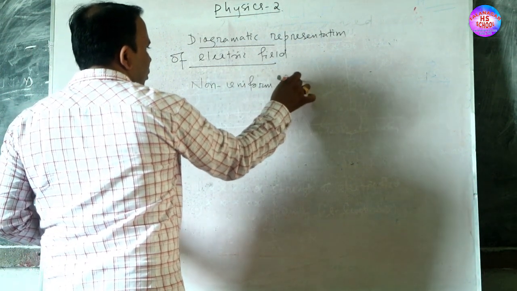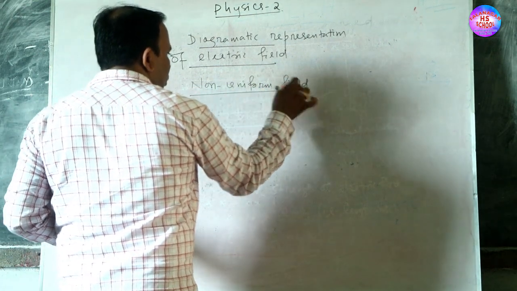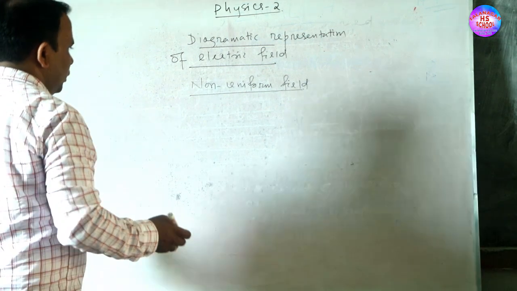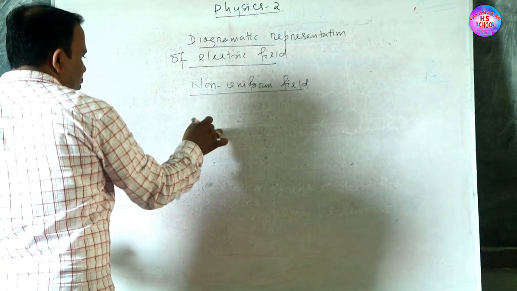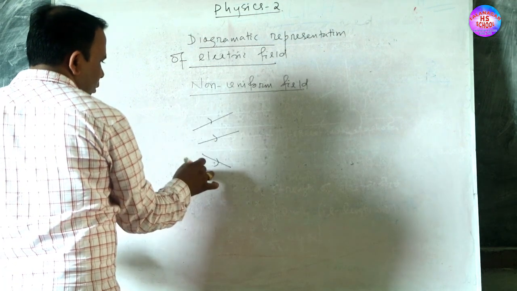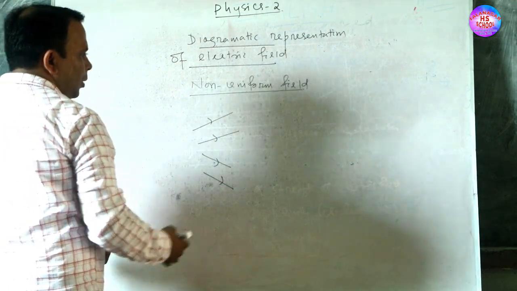Non-uniform field. What is a non-uniform field? The strength of the field is not equal at all points. That is, if the lines of force are apart, that is a non-uniform field.